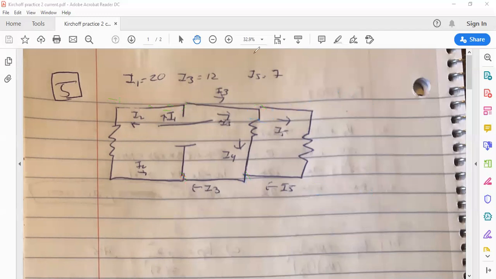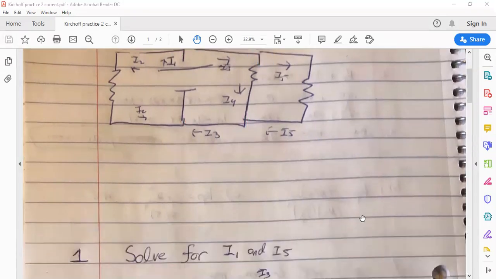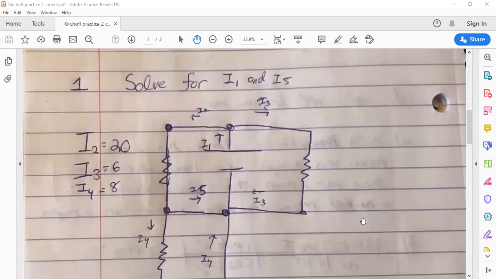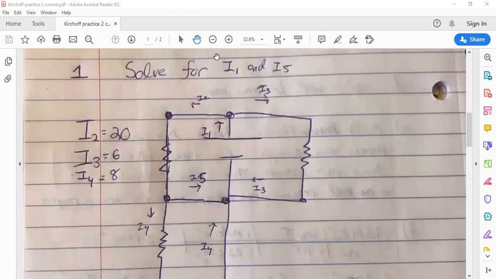Let's go down and look at this one right here. Same idea: we're going to set up an equation for every junction, and we'll color code them. For this one up top, I1 equals I2 and I3.